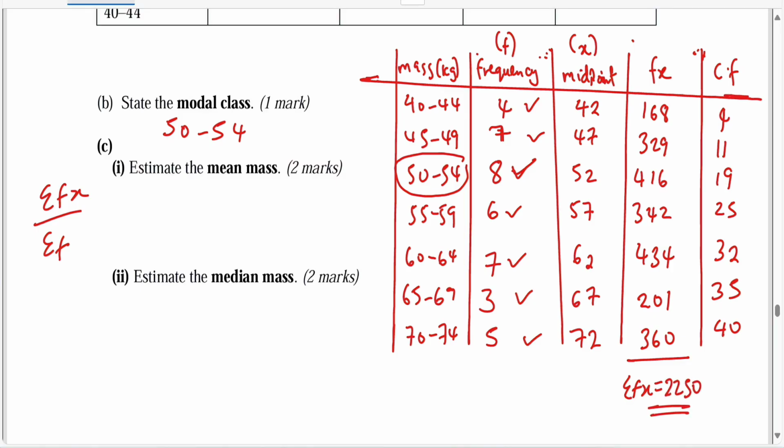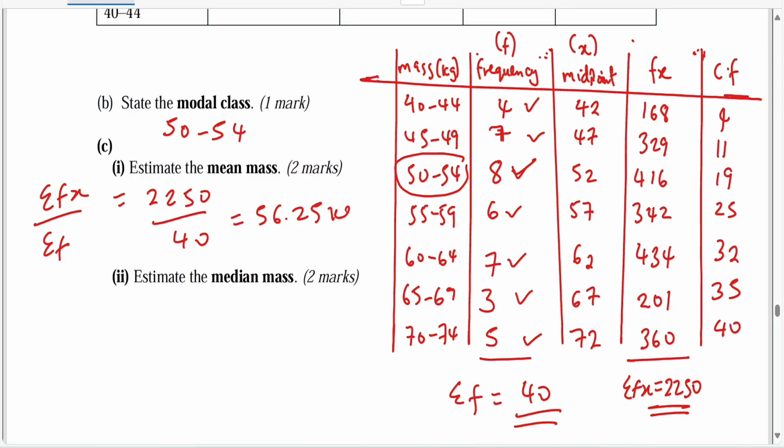Ikiwa hujapata hii, confirm with your calculator. And sum of f hapa obviously tutajua ni 40. Sawa. So 2250 divided by 40, which will give us 56.25 kg. Hizi units ni muhimu.